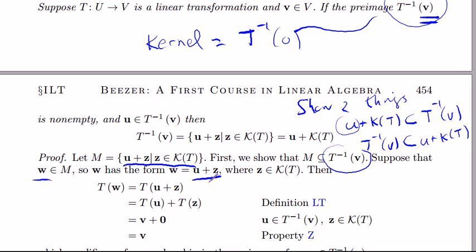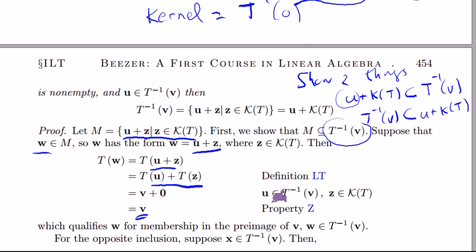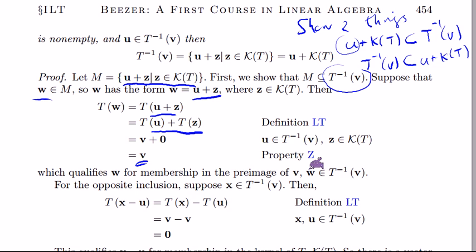W has this form U plus Z, and I can apply T to this particular form. I use linearity. I know that T of U is V, and T of Z is 0 because Z is in the kernel. Okay, so we do get, in fact, that any vector of this form maps to V, which means that W is in T inverse of V.